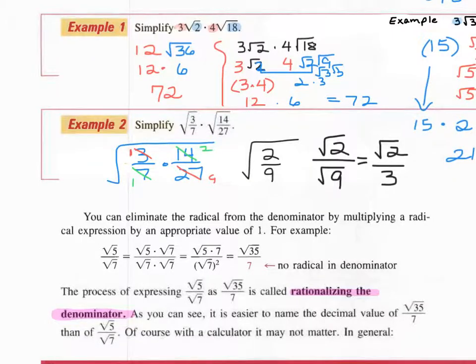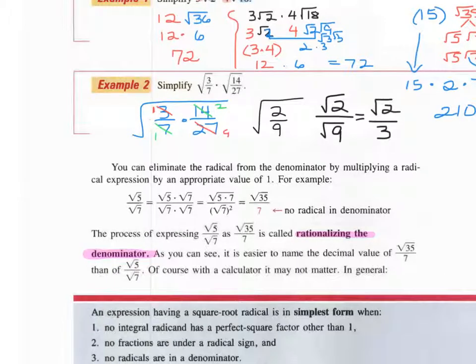Now, this next paragraph that's underneath this example, it's talking about a process that's called rationalizing the denominator. And what we're doing when we rationalize is we're getting rid of a square root that's in the bottom of a fraction. You can never leave a square root in the bottom of a fraction.